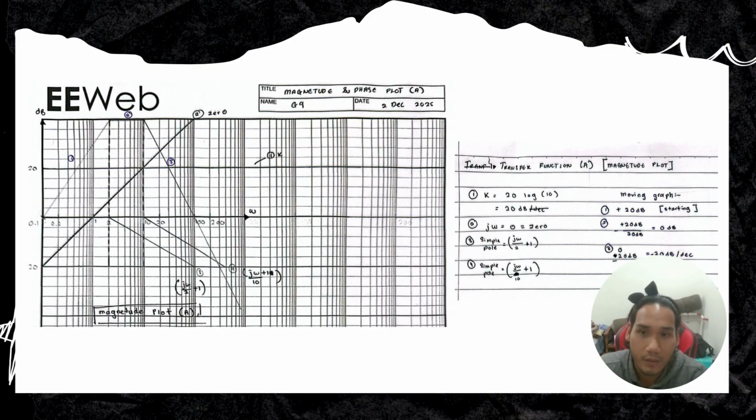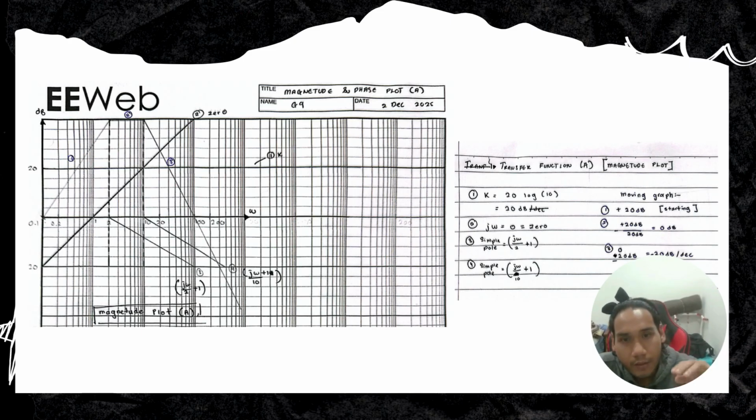The first region increases, the second region becomes flat, and at the third region it will decrease at high frequency, dropping from the flat. So it is increase, flat, and then decrease.